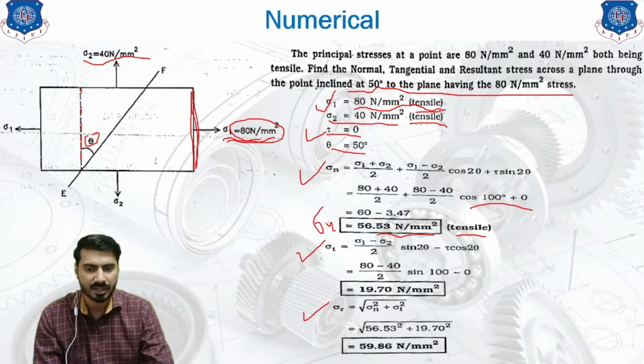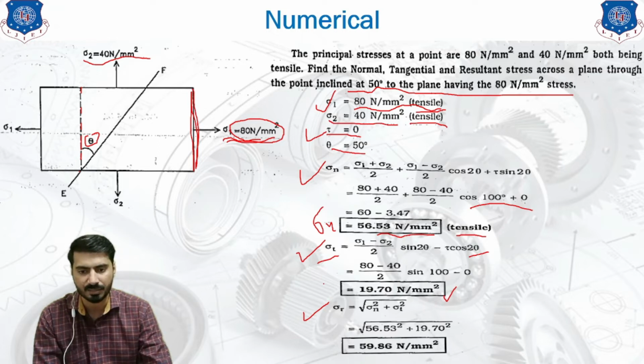Now, similarly, we are going to find out the tangential stress using the equation of tangential stress. We have already seen this equation in our previous session. Applying all the values and using the calculator, we will get the tangential stress, sigma t, equals 19.170 Newton per mm square.